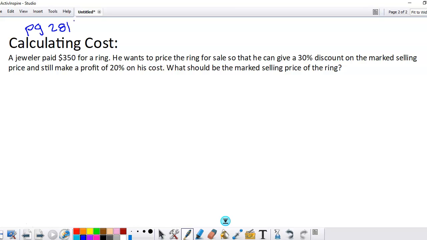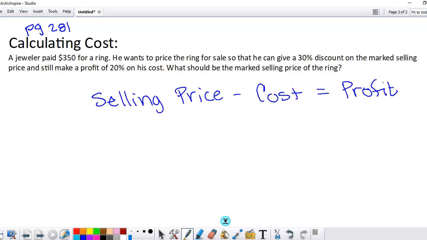So our standard formula would be the selling price minus the cost equals your profit. That is a simplified version of what we have to do. Our selling price is going to be a marked price minus a discount. So this is not as spelled out as it could be.